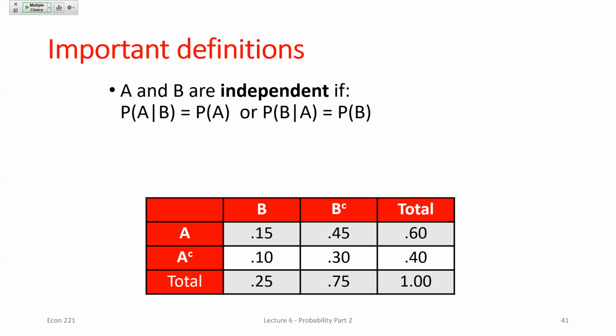What's the intersection of A and B? 0.15. I just go to the top four left cells and find where A and B line up. And then what's the probability of just A? 0.6. So 0.15 over 0.6 actually ends up being 0.25. Because these two things are the same, I would say they're independent events. The conditional and unconditional probability are exactly the same. We could have also checked this.